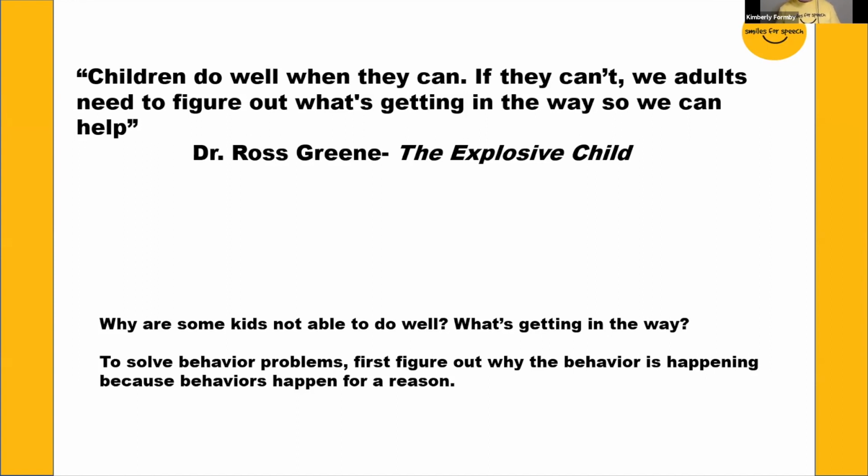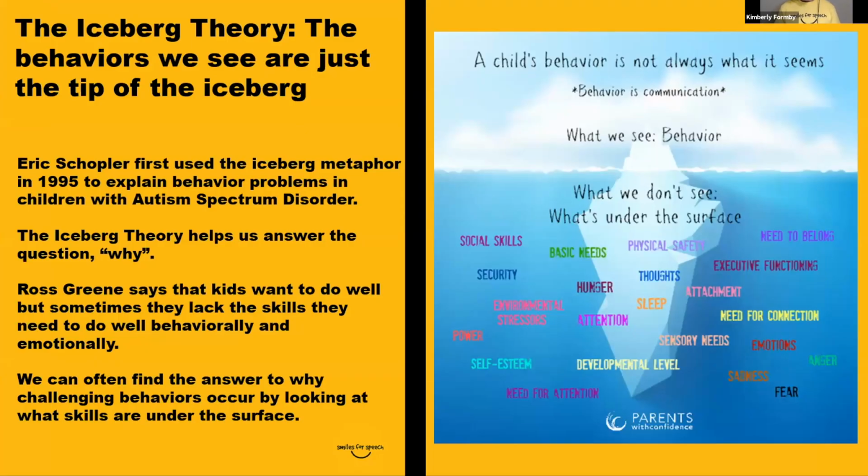So to solve behavior problems, first we have to figure out why the behavior is happening, because behaviors happen for a reason. And we always need to keep that in mind, that this child is engaging in a behavior for a reason. And one of the things that can help us figure out and think about the reason why a child might be engaging in a behavior is the iceberg theory.